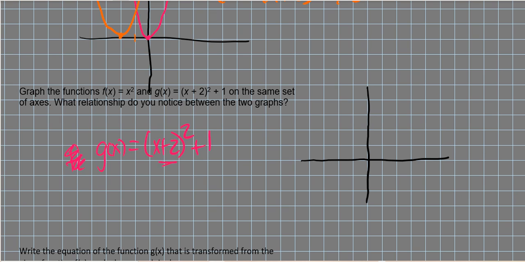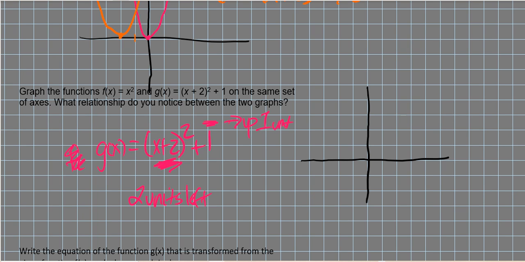This part indicates a shift left, how many units? 2 units left. And this one indicates up 1 unit.